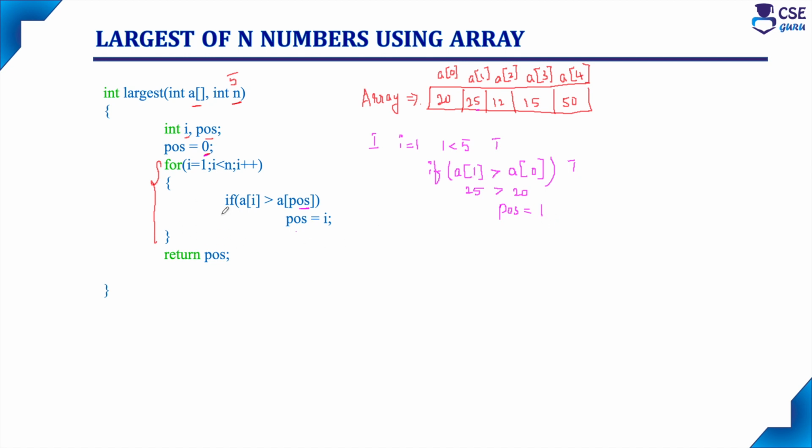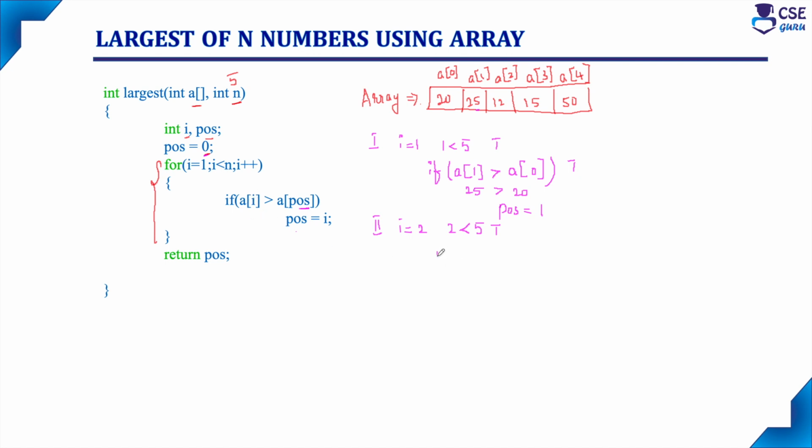Next step. After executing this, control will be transferred to the for loop and i gets incremented. That will be considered the second iteration of i. i gets incremented to 2. Check the condition whether 2 less than 5. Condition is true, and it will allow the for loop to execute once.